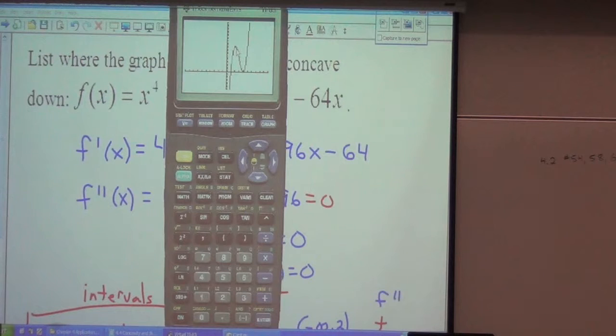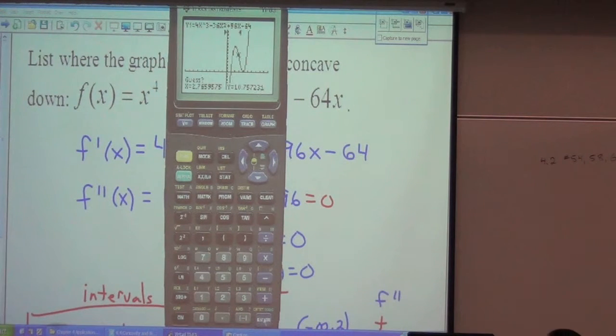See this maximum right here? If I hit second calc maximum, the x is at negative 2 something right now, so I'm going to enter. So I was to the left of that highest point. Now I'm going to move to the right until the cursor goes past that highest point.